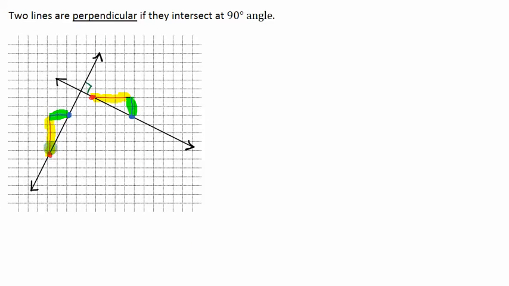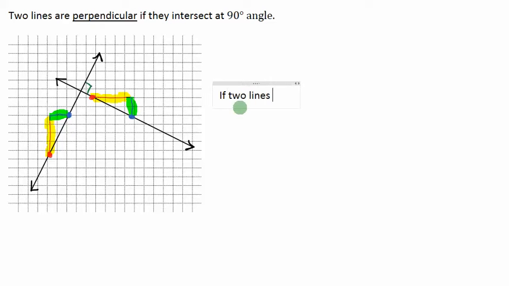So let's look at what happened to the rise and the run. The rise here in red, highlighted in yellow, it's vertical on the initial line. But when we look at the perpendicular line, it's now a horizontal measurement. In fact, it's now the run of the slope. Similarly, the run of the initial line was horizontal, which is now vertical on the perpendicular line. So let's see if we can say what's happening here.